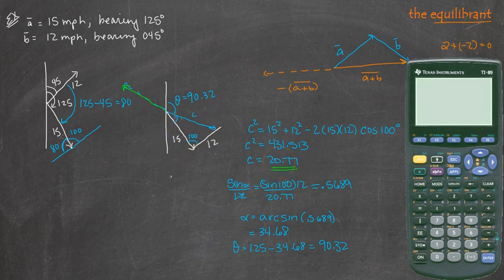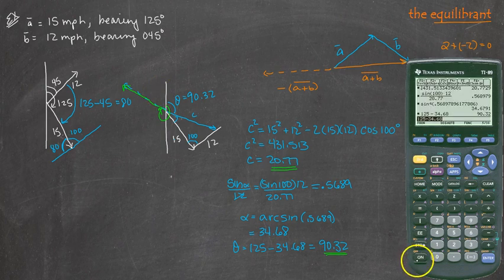That part I already have. So I'm looking for this angle, and this angle is totally easy to find because it is exactly this angle, 90.32, plus 180. So I already have 90.32. If I add 180, I get 270.32.